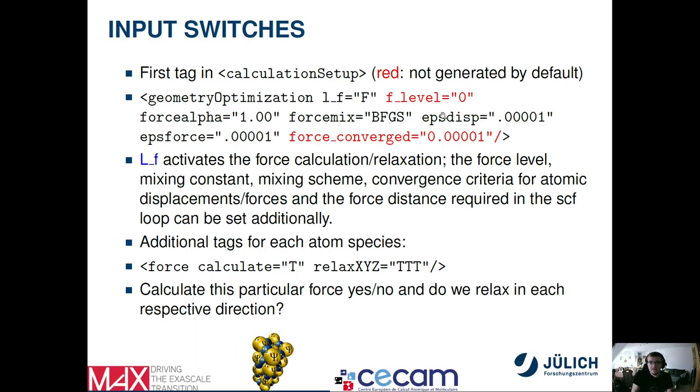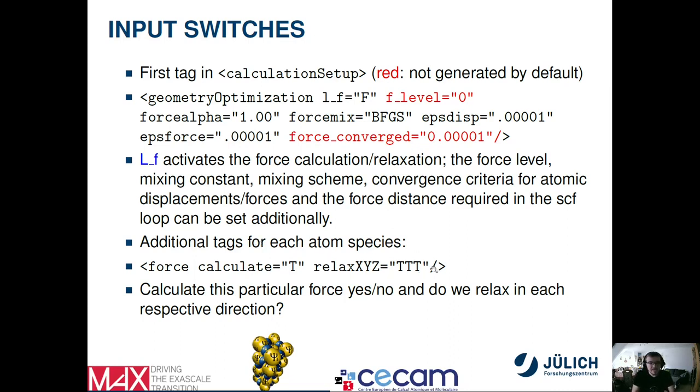Here is the criterion for how much two displacements between two iterations should vary at most, and here how much the forces should be at most in a mean sense. And the last parameter you can set is the force converged, which tells the program how accurate you want to calculate your forces for each ground state calculation before you take it as a displacement and relaxation step.